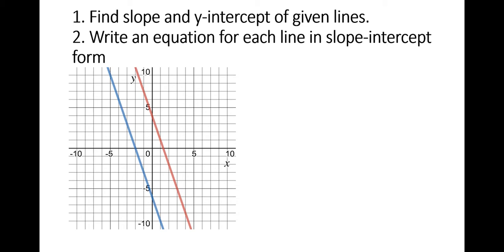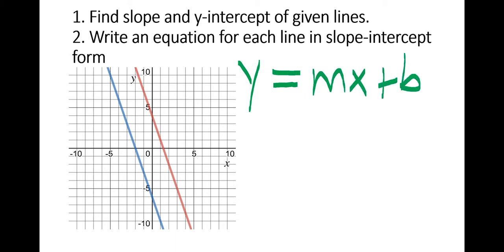You're skiing down the hill, so they should have a negative slope. Again, we want to write the equation in the form y equals mx plus b. We have to identify the slope and the y-intercept for both lines.